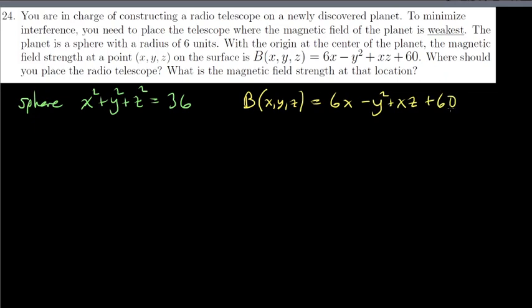To be fair, I don't think you can have a magnetic field with this function, but that's a trickier problem, because this is not the magnetic field as a vector field. It's just a scalar field.